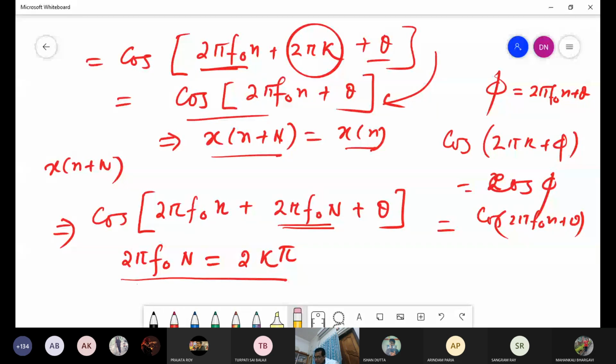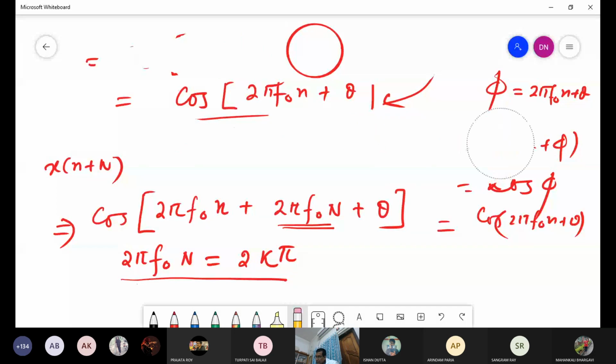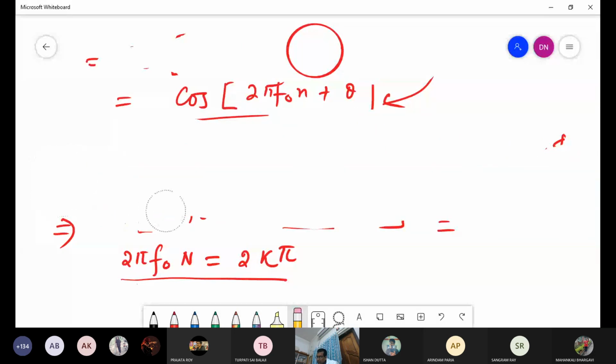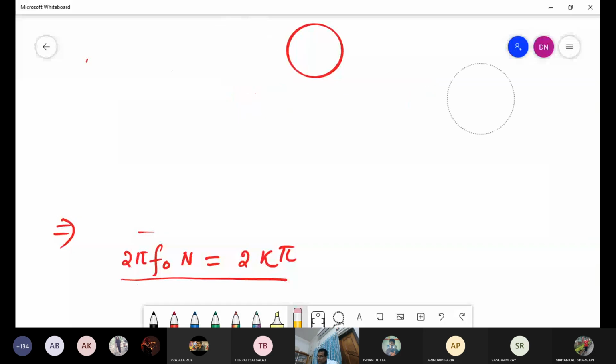Therefore, you see here from both sides, this will be cancelled, this pi will be cancelled, 2 will be cancelled.